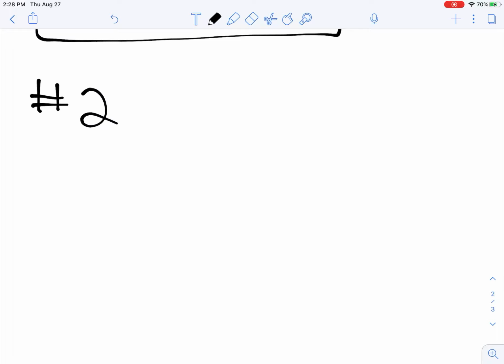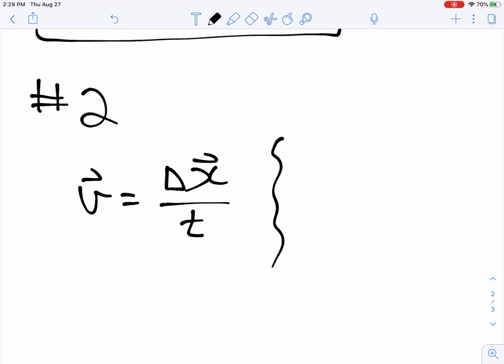Moving on to equation number 2. For equation number 2, we're going to start off with the definition of average velocity. There is our equation for average velocity. And I do want to point out that there is another definition of average, right? Average also means add them all up and divide by the number. If you've got 2 things, you add the 2 things together and divide by 2 and you get the average.